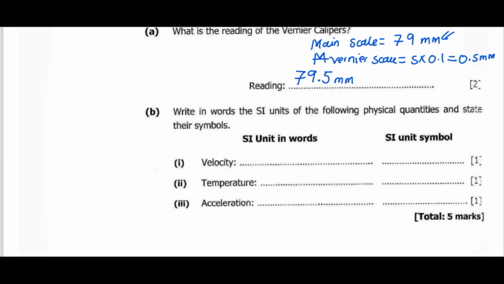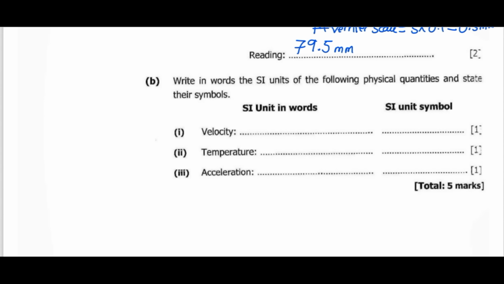Now let's move on to question B. Write in words the standard international units of the following physical quantities and state their symbols. So velocity is meter per second. Then in symbols, this is m/s. Then the temperature is Kelvin. The SI unit for temperature is Kelvin, not degrees Celsius.